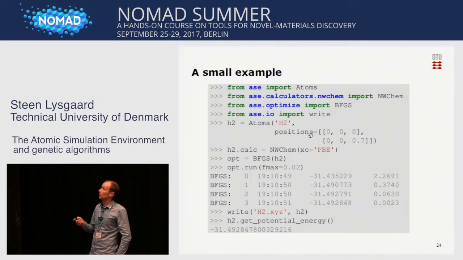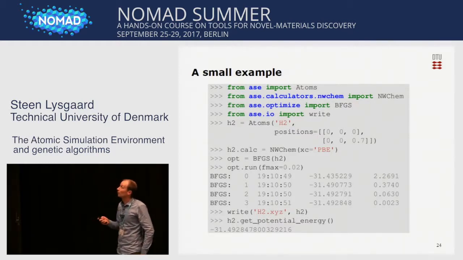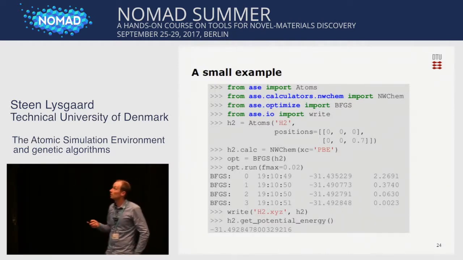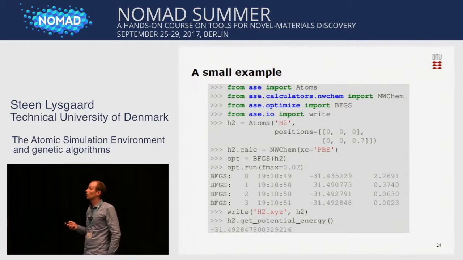This is just a small example of how easy it is to set up a calculation. As I said, the atoms object is the central part. The calculator object is your electronic structure code. This is an optimizer; you can use different algorithms to optimize your atoms. And you can also write out atoms.